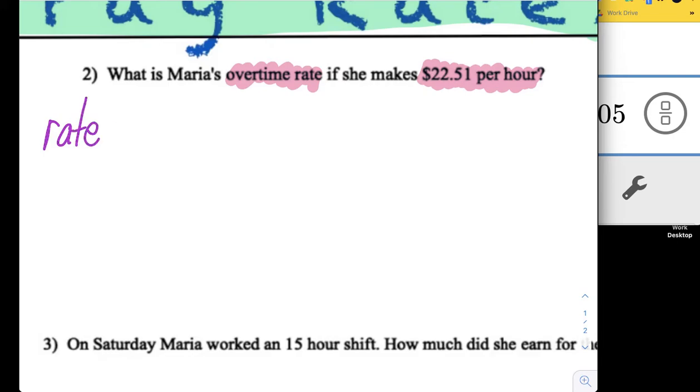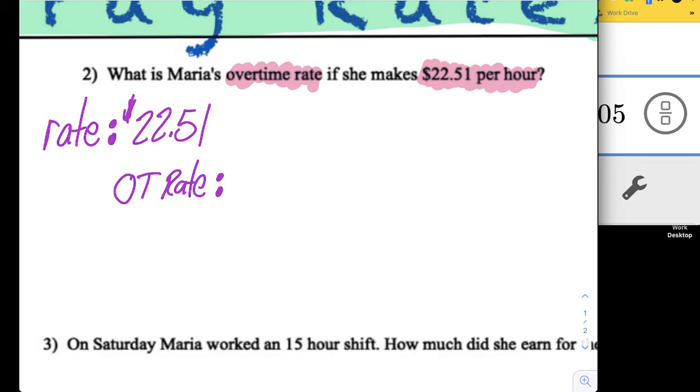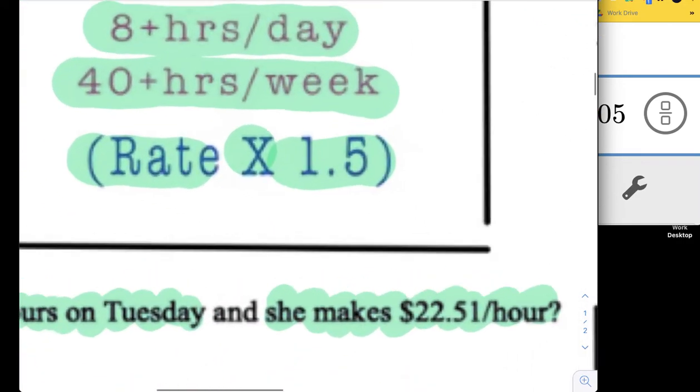So what is Maria's rate? How much does she make per hour? She makes $22.51, which we knew from the previous problem. So now let's find her overtime rate, her OT rate, which is right here.